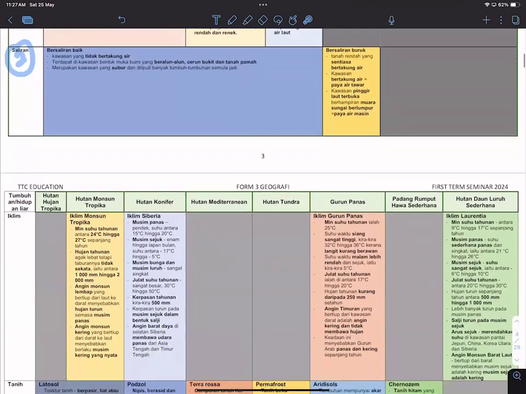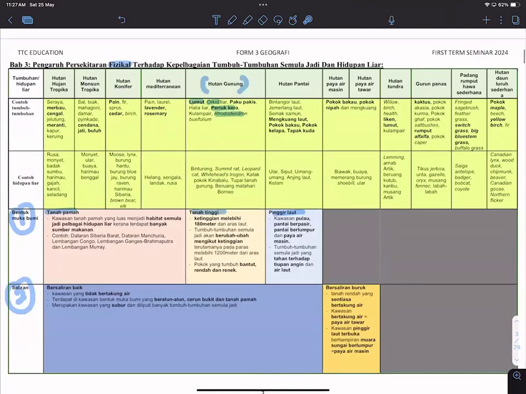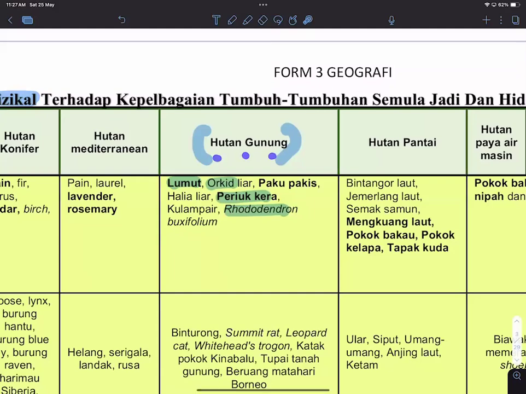How many layers for our hutan gunung? Before I show you the answer, how many layers for hutan gunung? Very good. What's the bottom layer for hutan gunung? Montane bawah. What is the height? 1,200 to 1,800.